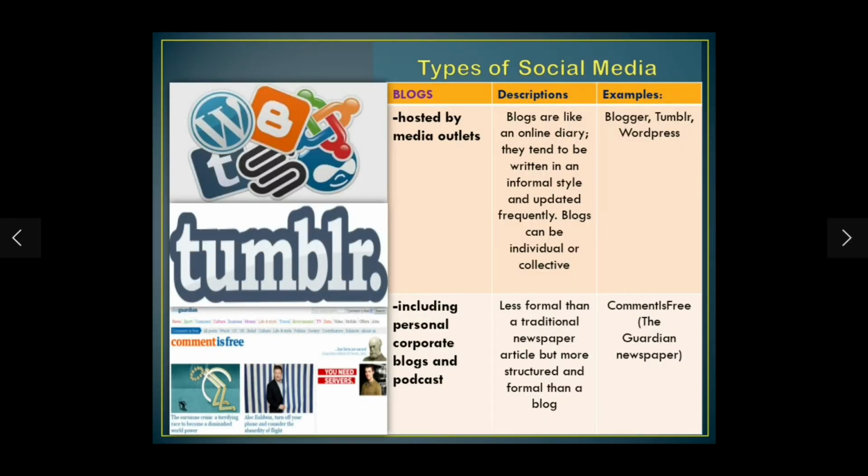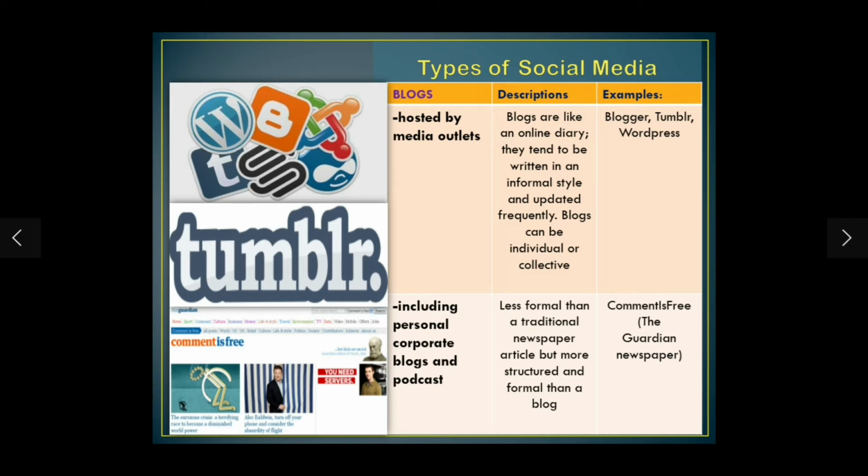The first type of social media is the blogs. Blog hosted by media outlet. Description: blogs are like an online diary. They tend to be written in an informal style and updated frequently. Blogs can be individual or collective. In this type of social media, blogs are actually the transformation of our own personal journal into the online platform.